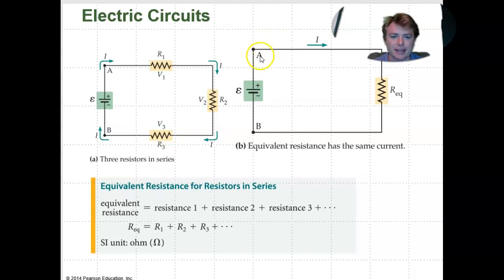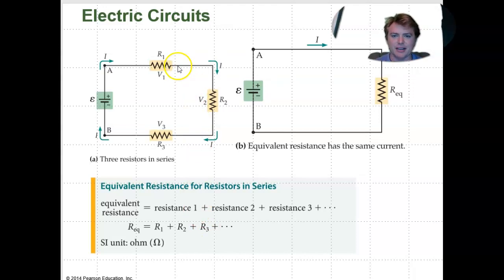And one way that I can easily do that is I treat all 3 of these, or however many I have in series, as one equivalent resistor. Basically, they all behave as if they were one resistor. They give us the same current as if it was one resistor with some equivalent resistance. And for in series, that equivalent resistance is the sum of those resistances.